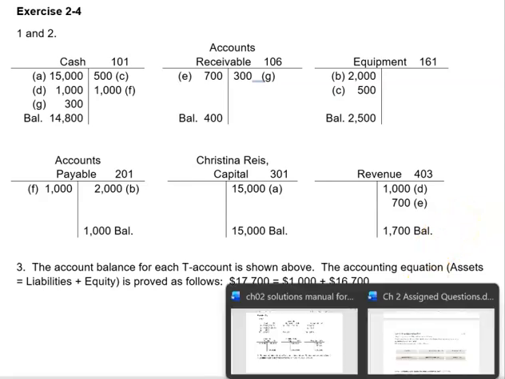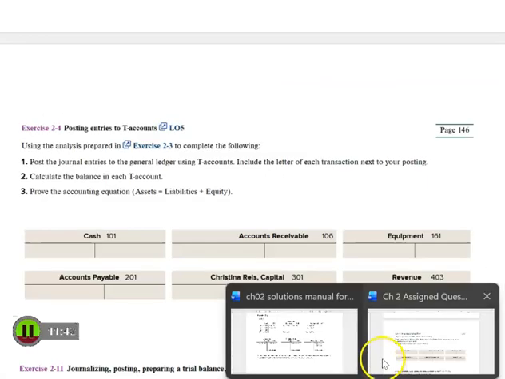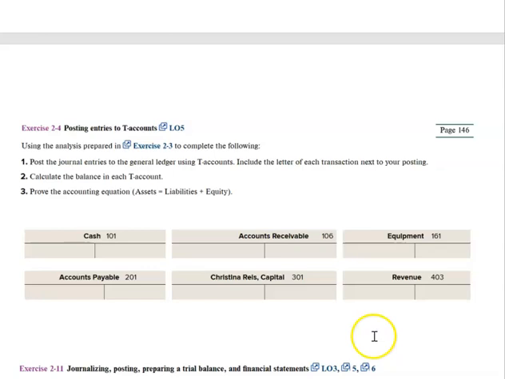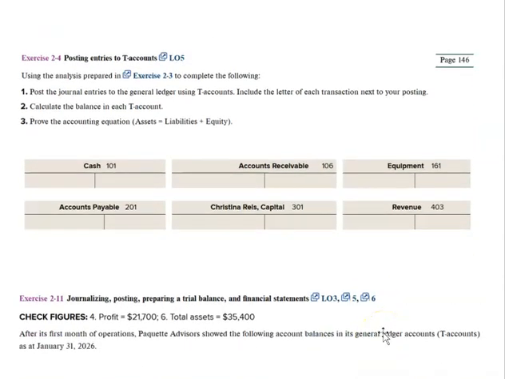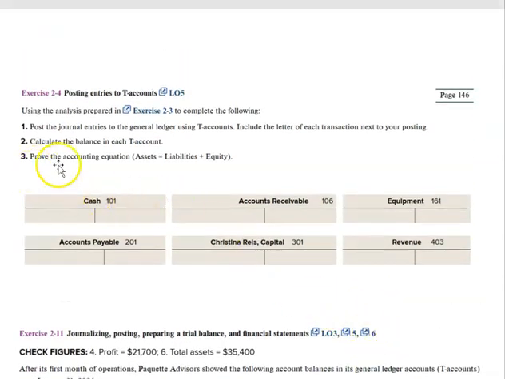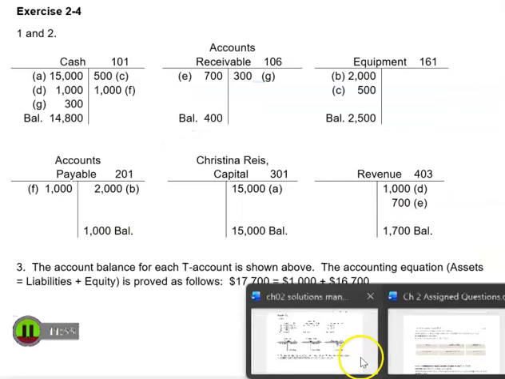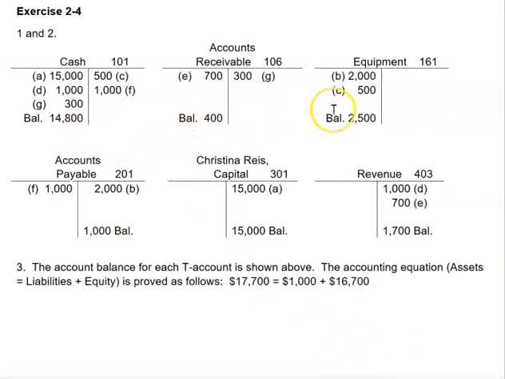Okay, so now that we have our ending balances, let's go back and see what it's asking us. Oh, number 3, prove the accounting equation, assets equals liability plus our equity. So let's have a look. We've got our assets, which are 14,800 plus 400 plus 2,500 gives us total assets of 17,700.